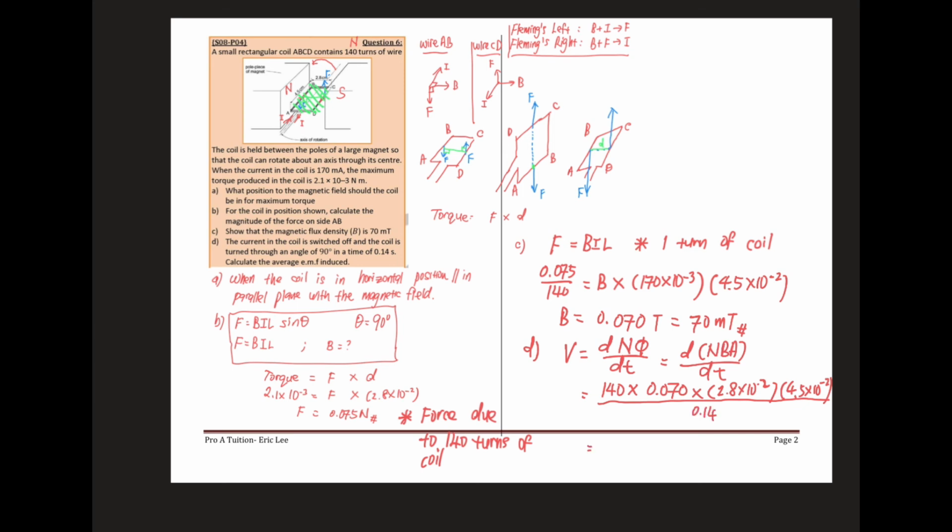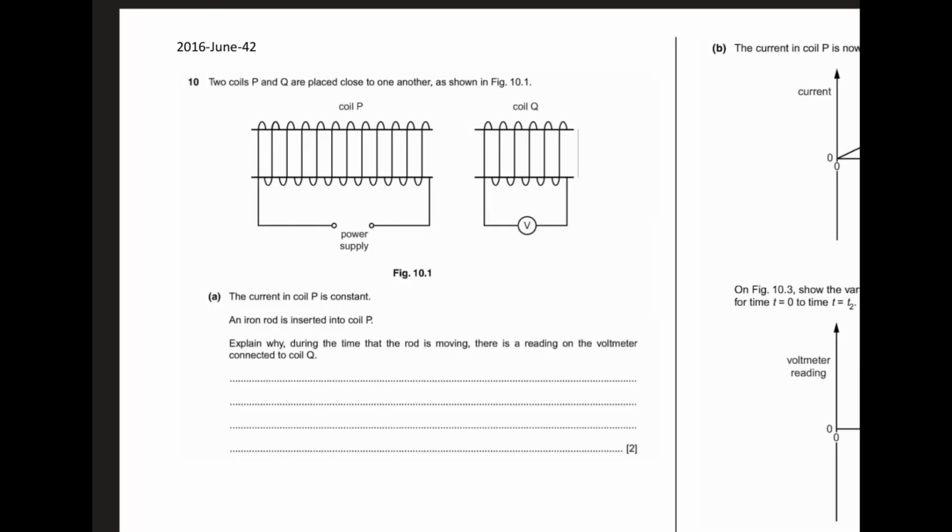Then we have to check the answer by multiplying all this: 0.070, 2.8 times 10 minus 2, 4.5 times 10 minus 2, divided by 0.14. So we get 0.0882 volt. So that is Faraday's law. Okay, so settle for this.